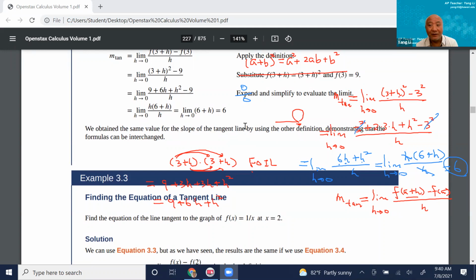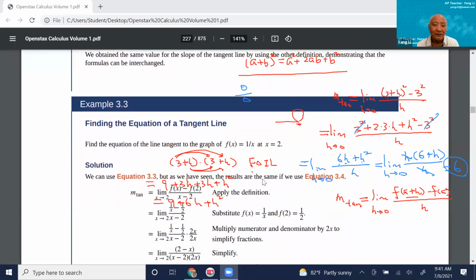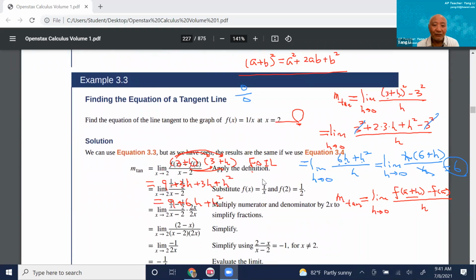Just a heads up: these two formats are the two equivalent definitions of the derivative. We'll talk about this later when we get there. Now let's look at example 3.